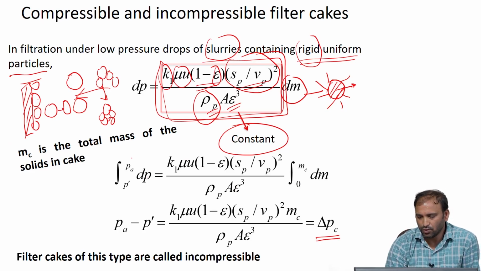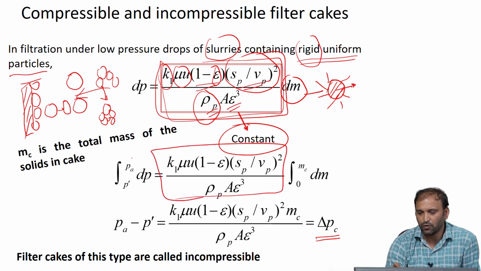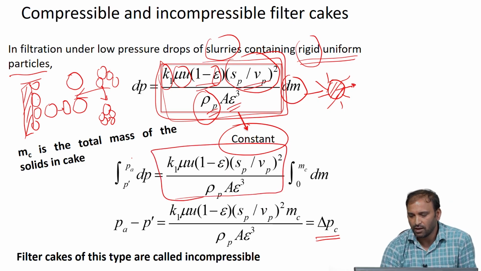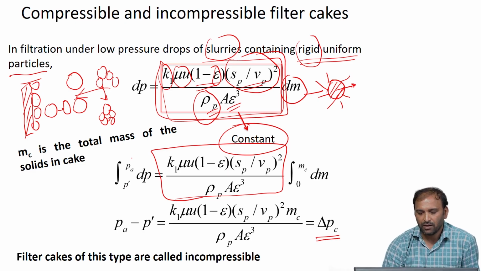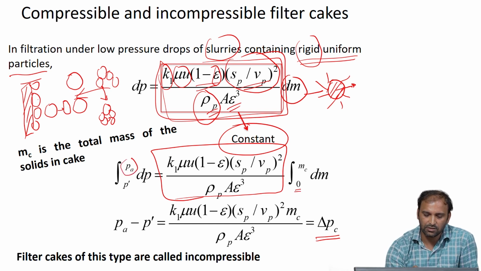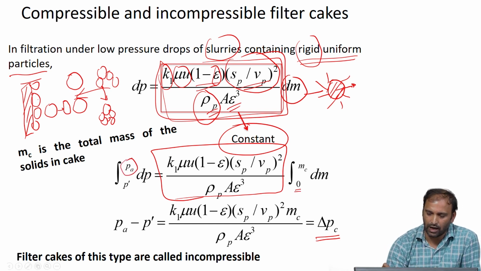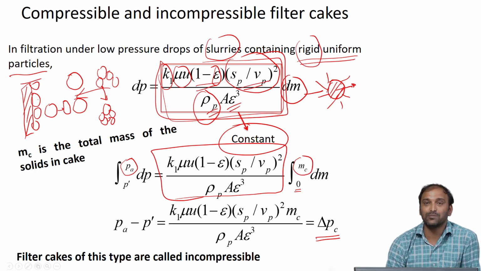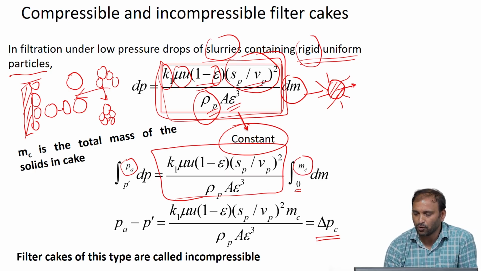All of this is constant if I am working with slurries containing rigid particles, and the mass of cake deposited is 0 to begin with and a total of mc at the end, so the integration is from 0 to mc.